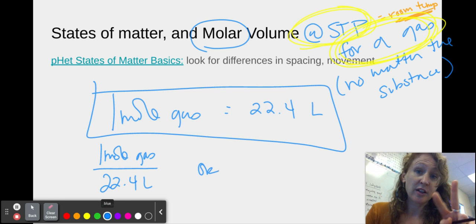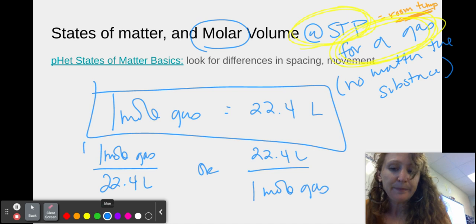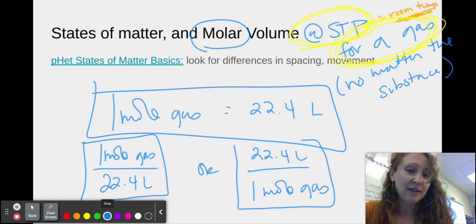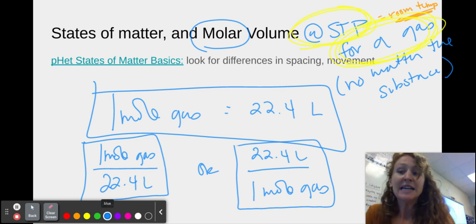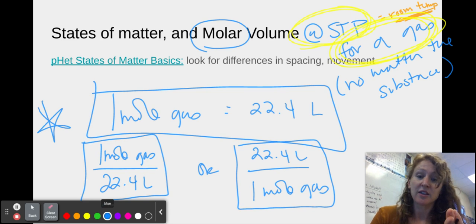Or if you're trying to convert the other way, 22.4 liters over 1 mole of gas. All right, so if you are keeping 3x5 cards and turning them into conversion factors, definitely put this one on. It gives you a really convenient path to convert between moles and liters.